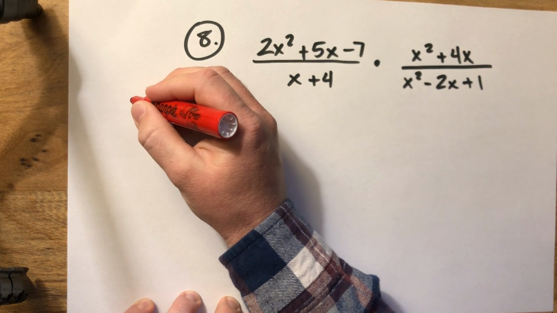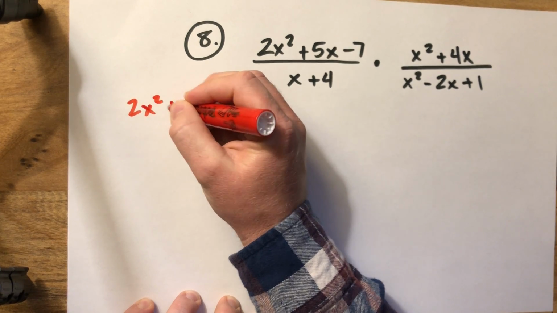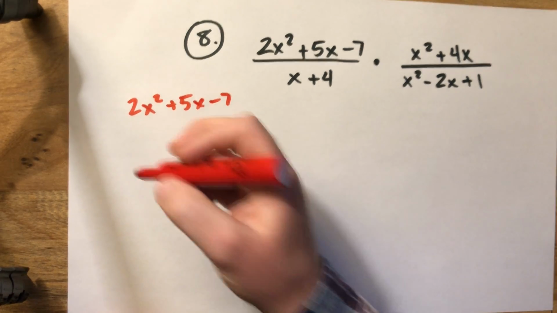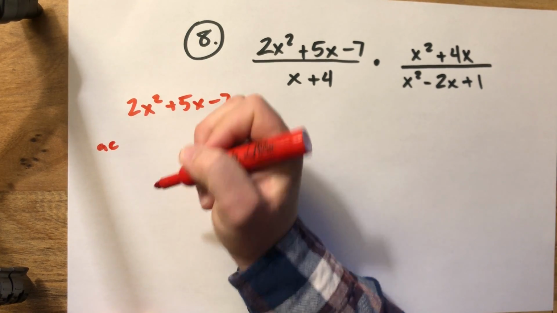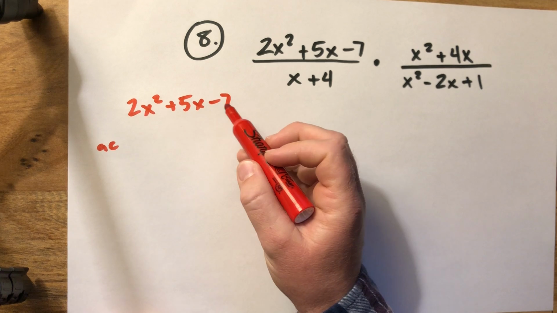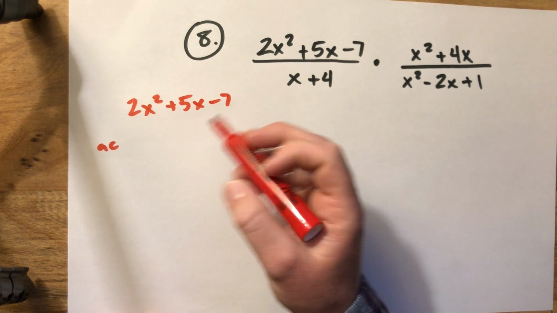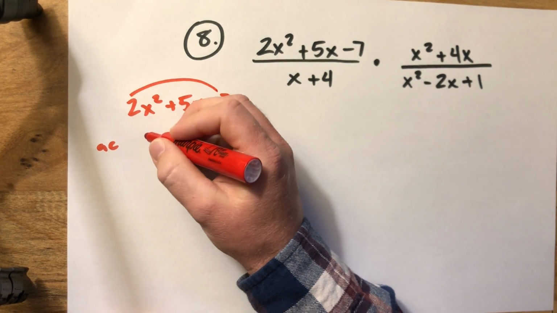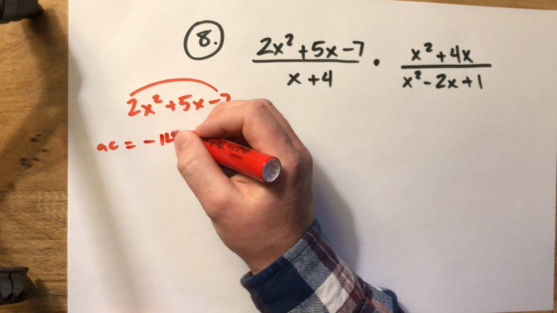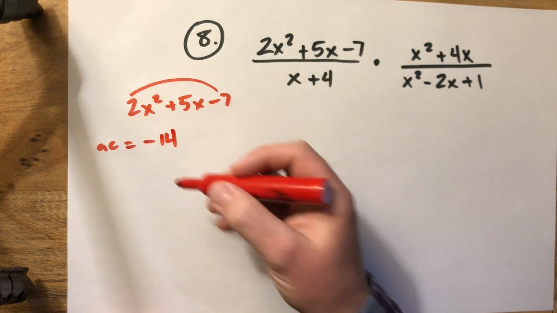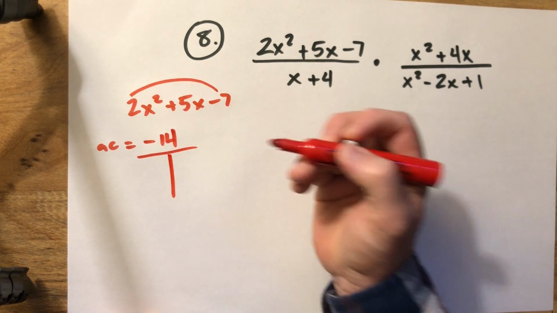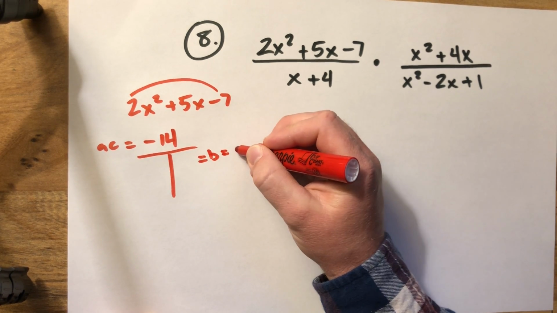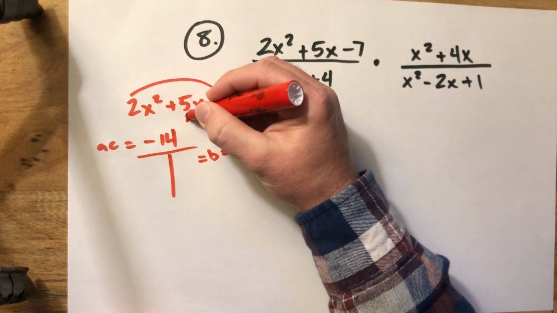So I have 2x squared plus 5x minus 7. The California method tells me to multiply the a times the c, a being 2, c being negative 7. So 2 times negative 7 is negative 14. And then it also asks me to find factors of negative 14 that would equal b, which in this case is 5.